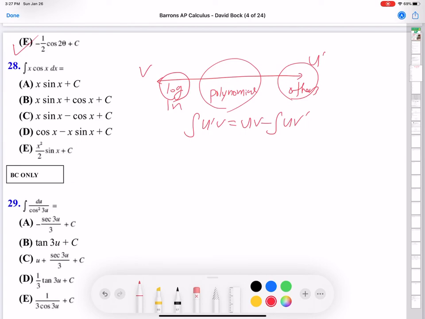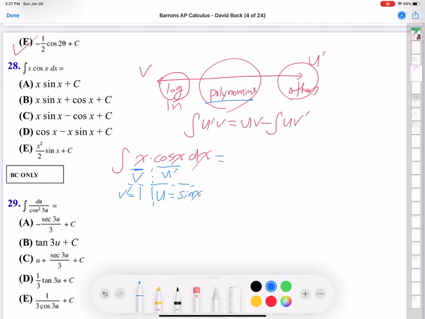So the x part is going to be the v part, integral x times cosine x dx. That's all today's problem. This x part is polynomial, cosine is others. Polynomial function is more left side. That's why that's v, cosine is u prime. So find the v prime from v. Derivative of x, that's 1. And then find u function from u prime using integral of cosine x, positive sine x.